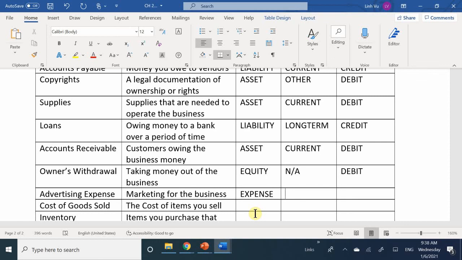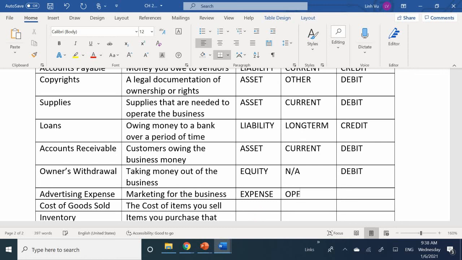Now, what kind of expense is this going to be? Would it be an operating expense? Good.